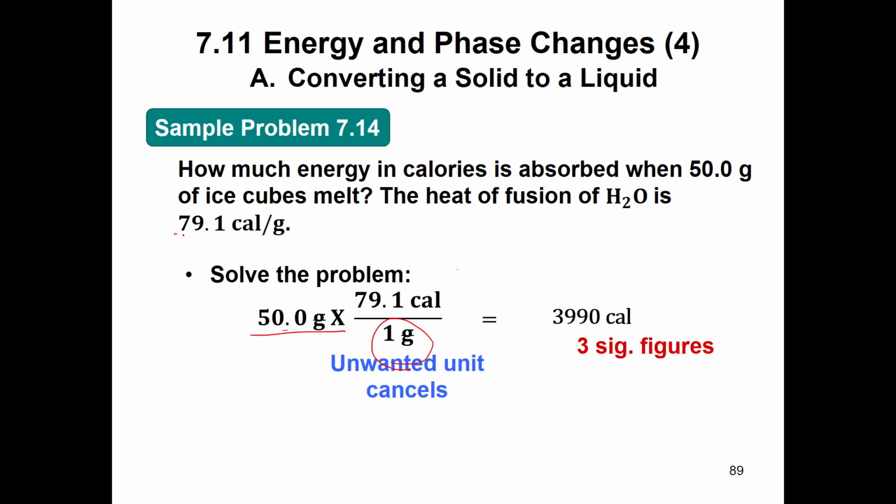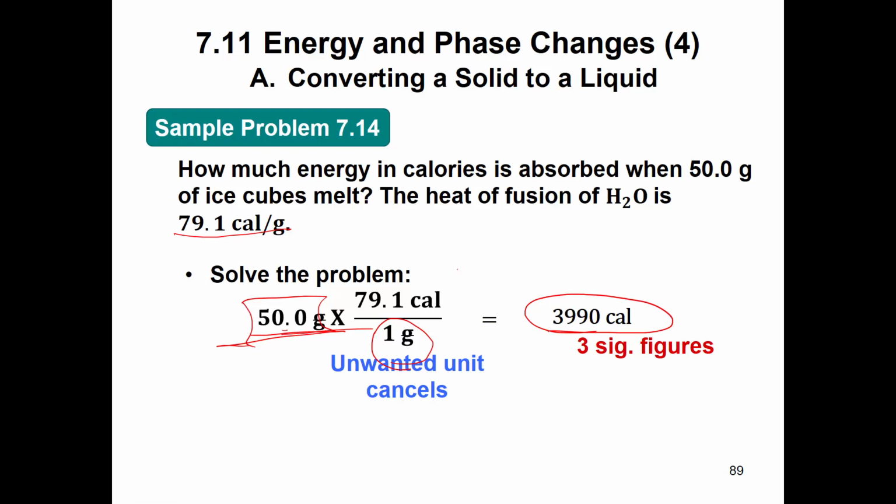So I'm going to write my heat of fusion, because I'm using it as a conversion, is 79.1 calories over 1 gram. And that's going to give me 3990 calories, because it's 3 significant figures from my measurement of 50 grams. All right, and so it's that simple.